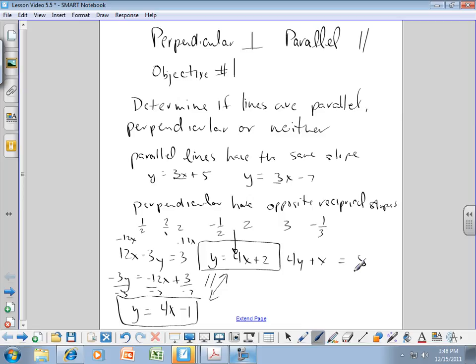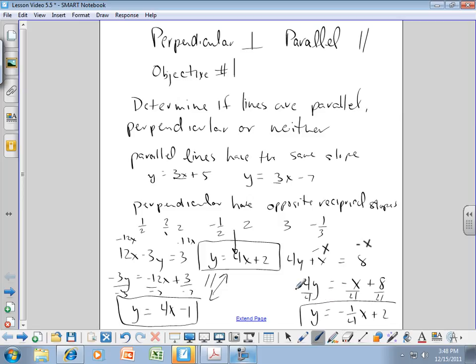Now let's look at this one right here. Solve for y, so get the x over there. So 4y equals negative x plus 8. Get y by itself. We'll divide by 4. And then we'll get y equals negative 1/4 x plus 2. So here's your equation. What's the slope of this line? Negative 1/4. Well, how are negative 1/4 and 4 related?